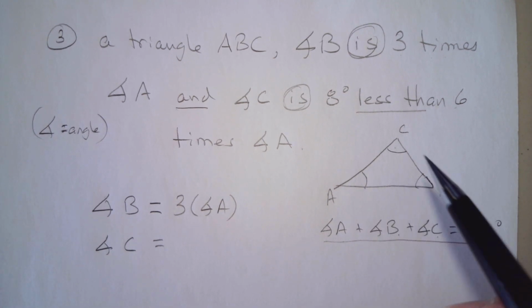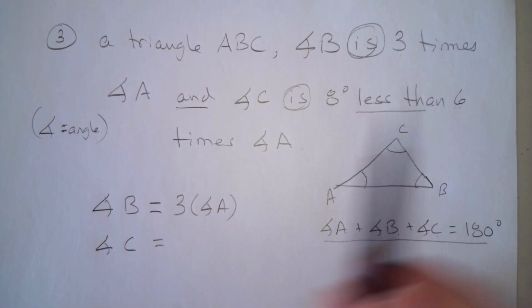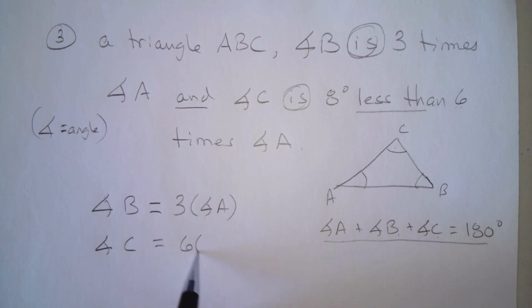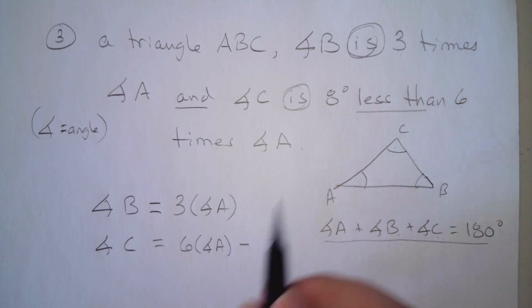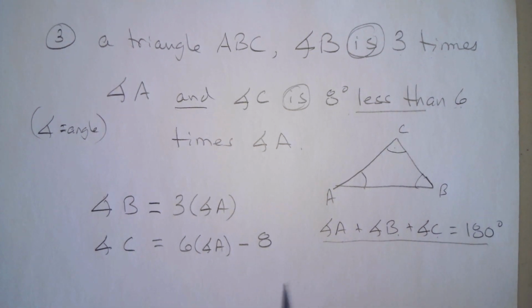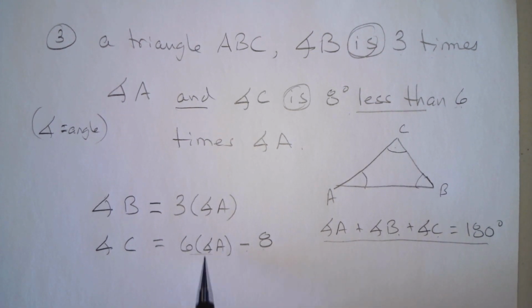It's backwards. What we have to do here is take 6 times angle A first, and then subtract the 8 degrees. This is 8 less than 6 times angle A.